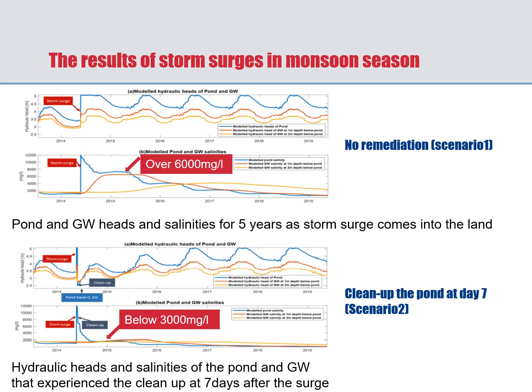So here is the result. If we didn't do any remediation, the groundwater and the pond salinity go up very high, and it decreased very slowly, even after 5 years. But if we clean up the pond after the storm surge left, it extremely decreased the pond and the groundwater salinity.